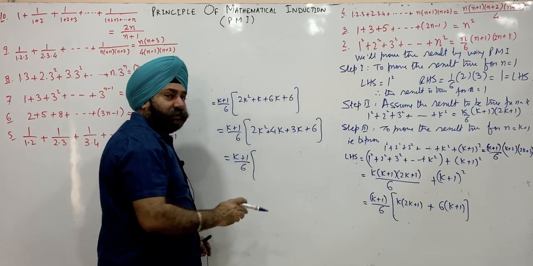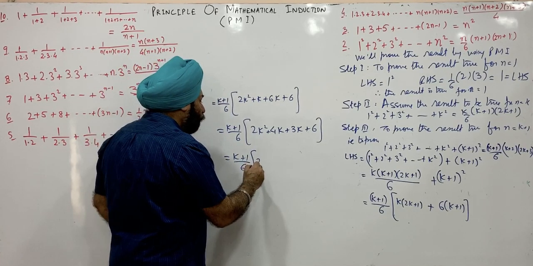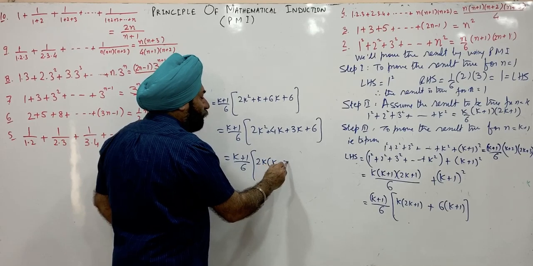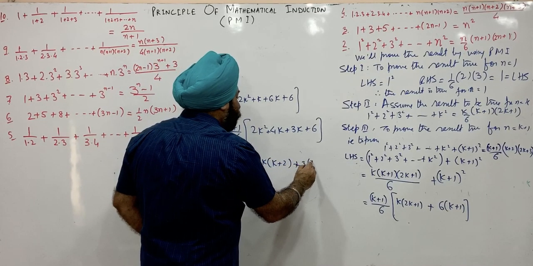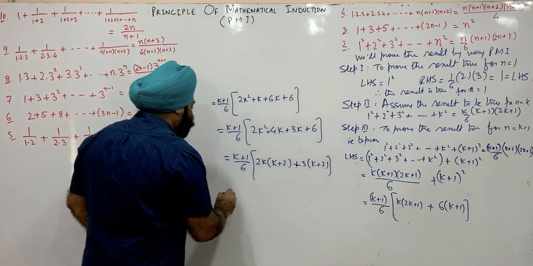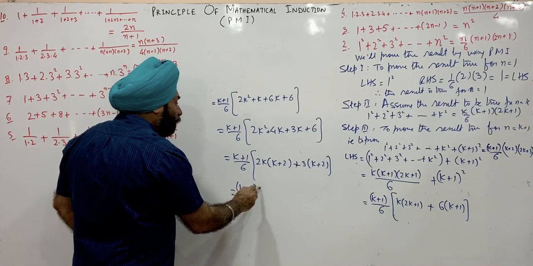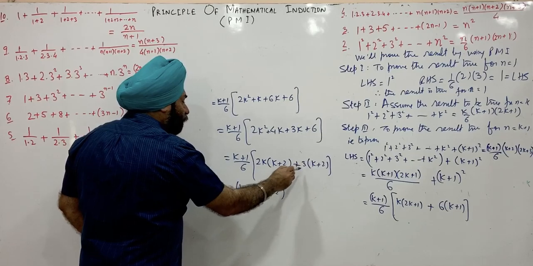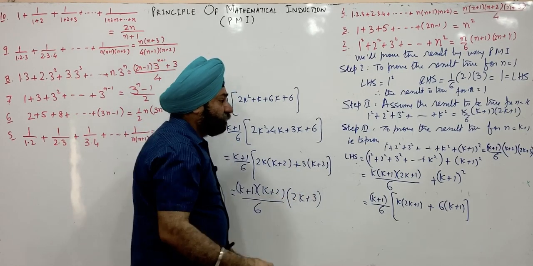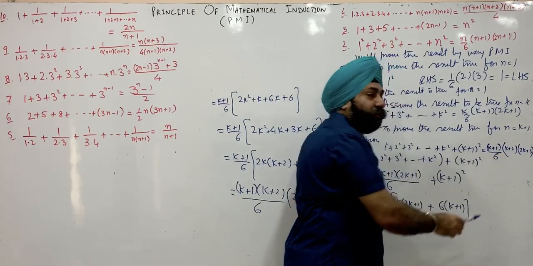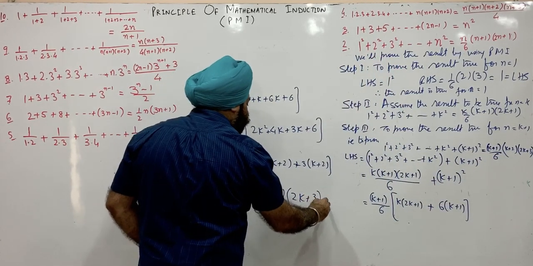Okay, factorizing by taking 2k common, it's k plus 2, then 3 common and k plus 2. So this is k plus 1, k plus 2 upon 6 into 2k plus 3. So this is what we wanted to prove. So this is equal to the right hand side.